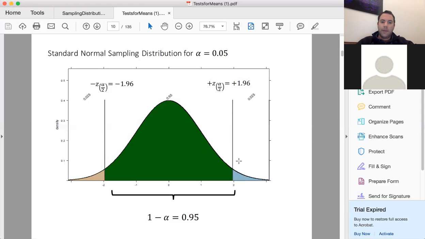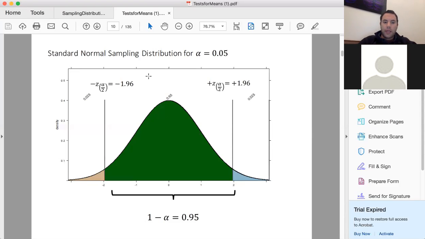So when we're running a hypothesis test, we're coming up with a test statistic for the given test, and we're seeing how it compares to our critical values. That is to say, if your test statistic falls within the green region, which is in between the two critical values, you do not reject the null hypothesis. That's not a significant result.